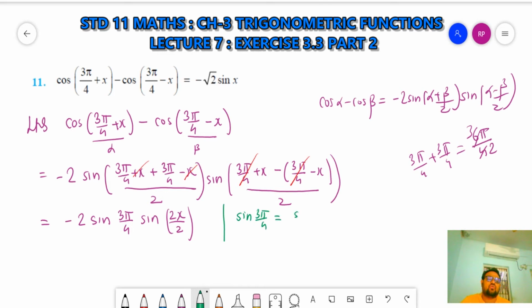This will be equal to, what is the multiple of 4 closer to 3? 4. So sine of (4 pi by 4 minus pi by 4), that is sine (pi minus pi by 4), right? As it is pi, it will remain sine. Now for positive or negative: pi minus, so second quadrant, and in the second quadrant sine is positive.